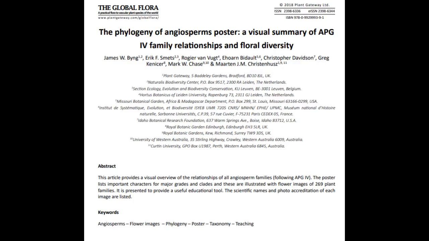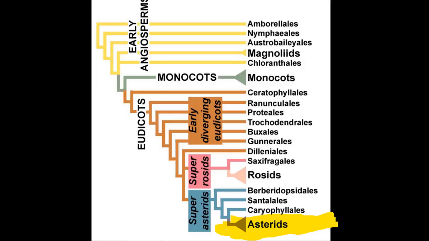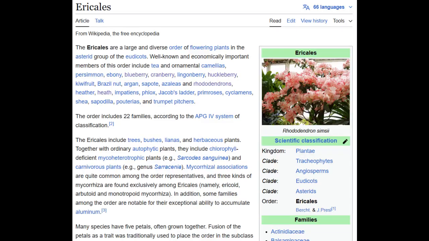I'll dive deeper into this in another video, but for now let's stick to Erica, which belongs to the Asterids group. The entire family is called Ericaceae and blueberry is a member of it. Then later the order got the name Ericales because Ericaceae is the largest family within the order.